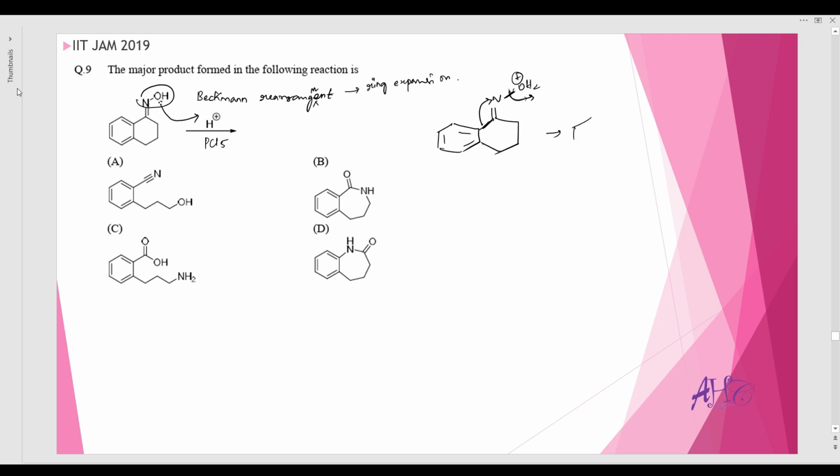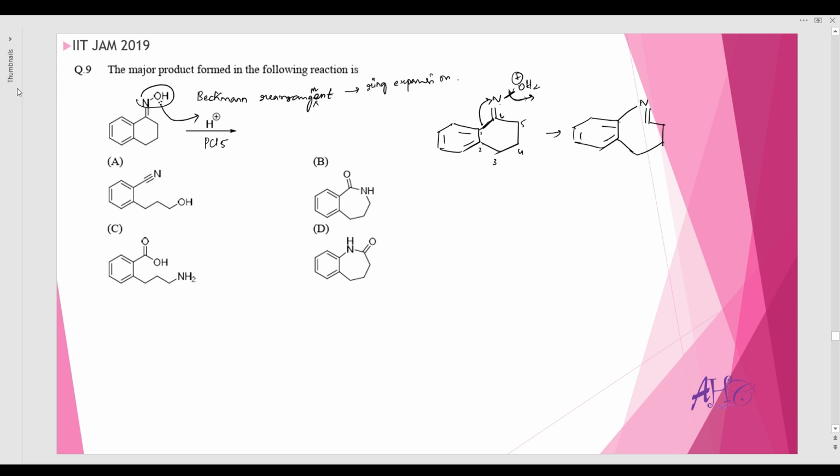So once it migrates, it is going to form like this. This will bond with nitrogen, and here you'll have a double bond, and then we'll have the rest of the groups like this. So this is going to be your carbon. Let me number: 1 2 3 4 5 and 6.